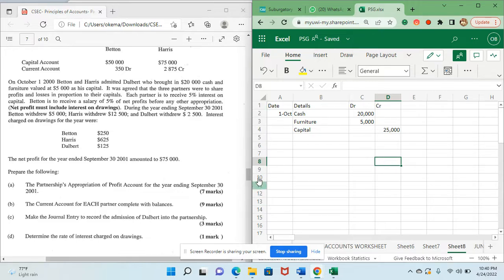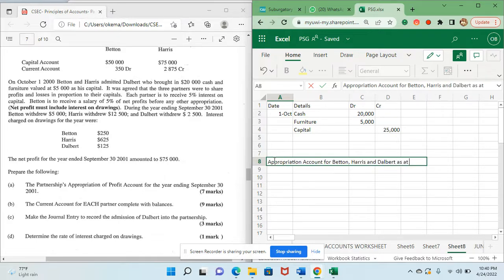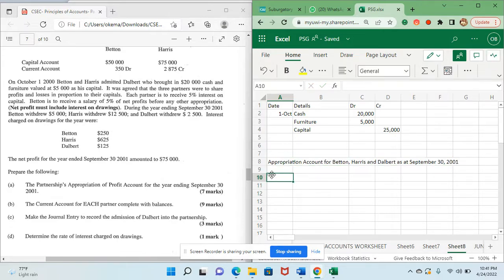Now that we got that out of the way, we could start with the appropriation account. First things first, we start with our net profit.